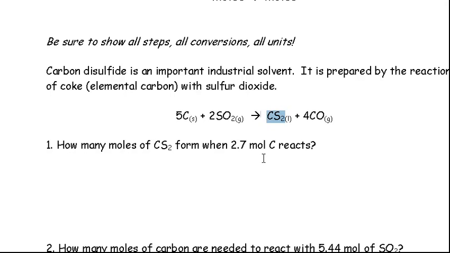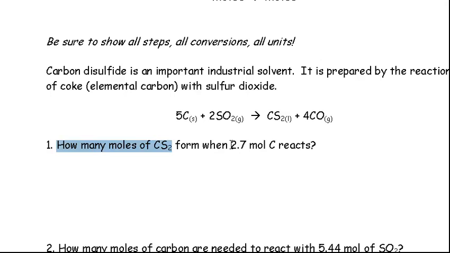All right, so you'll take 2.7 moles of carbon, and you'll multiply that by the mole ratio between the carbon and the carbon disulfide. Which one will go on top? So think about that for a second. Which one of these two is going to go on the top of the mole ratio fraction? Well, you're being asked to solve for the moles of carbon disulfide, so you'll want to put 1 mole carbon disulfide on the top, 5 moles of carbon on the bottom.